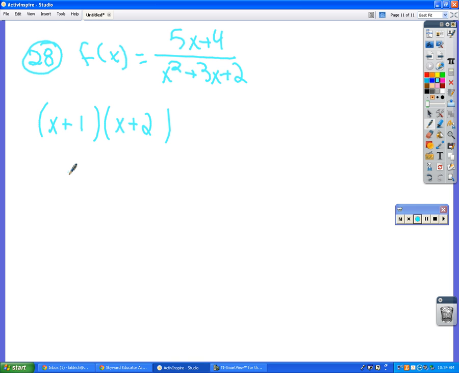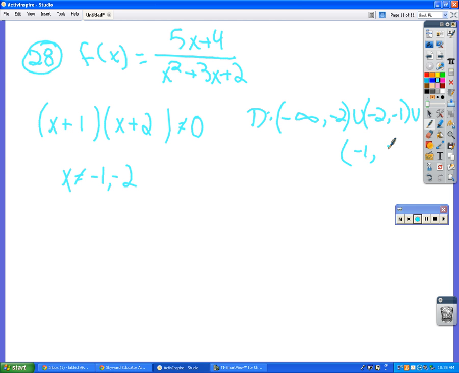So if I set that equal to 0, that would mean x would equal negative 1 and negative 2. So that means it can't be those things. So my domain is going to be negative infinity to negative 2, negative 2 to negative 1, and negative 1 to infinity.